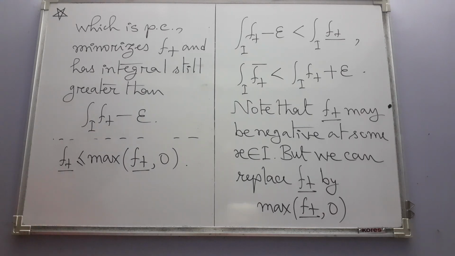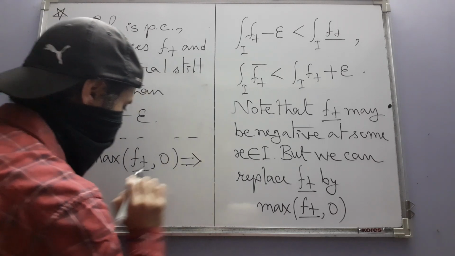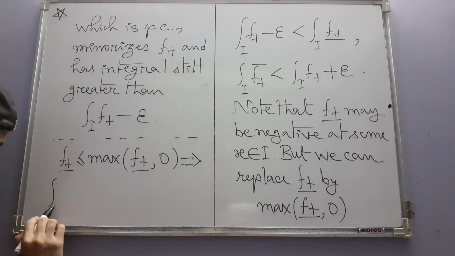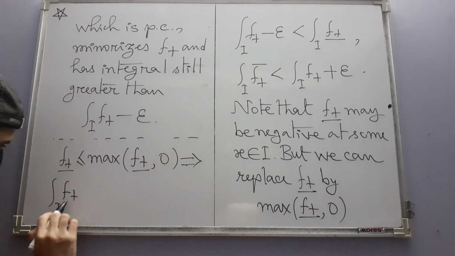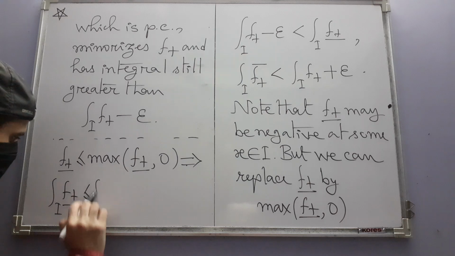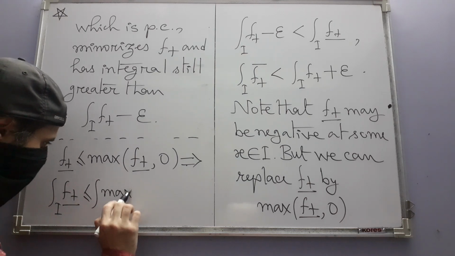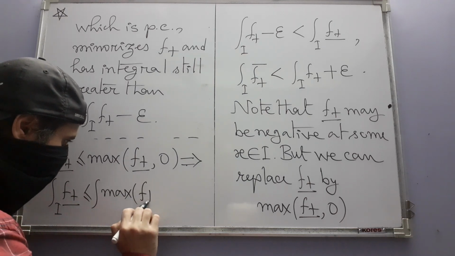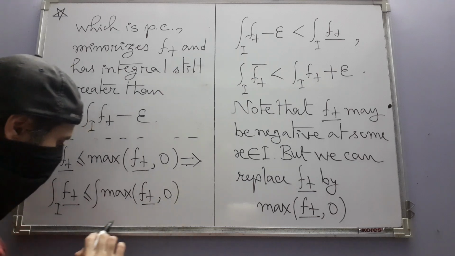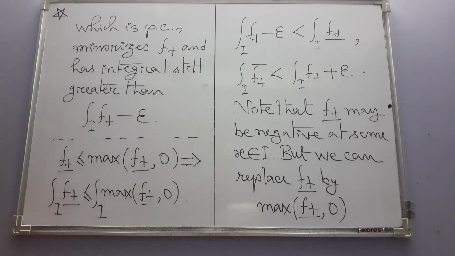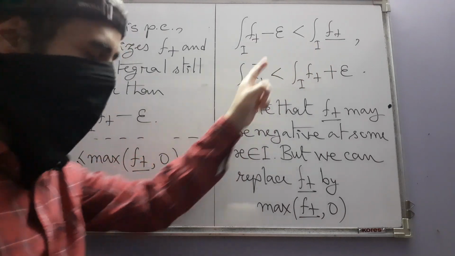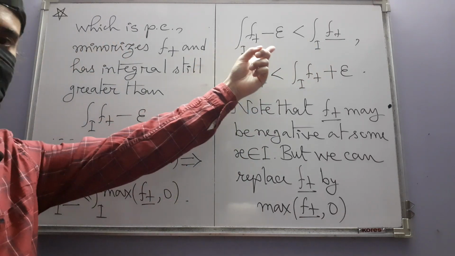So from a property of Riemann integrals that we already have proved, we have this. Now because this is already greater than this, automatically this will also be greater than this.